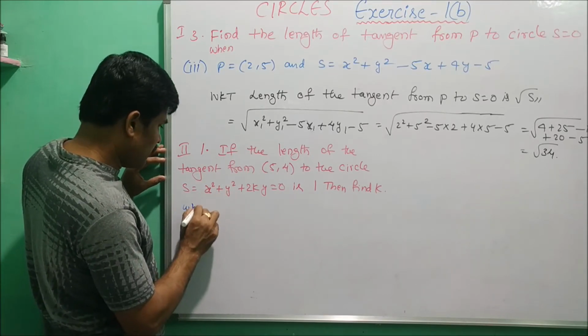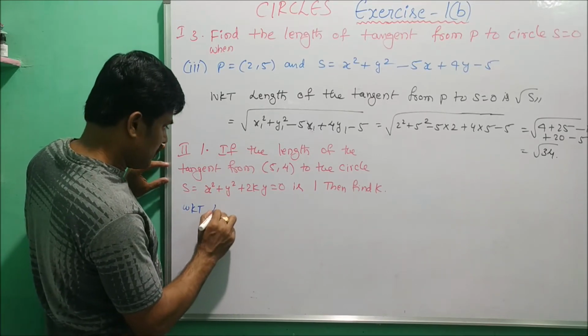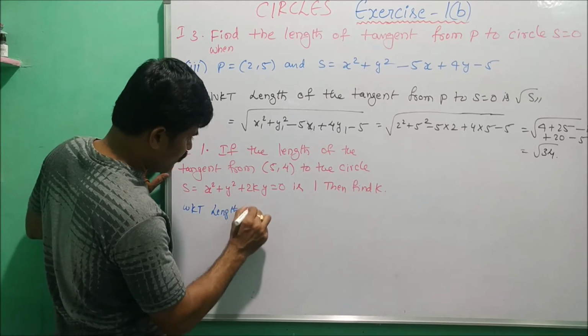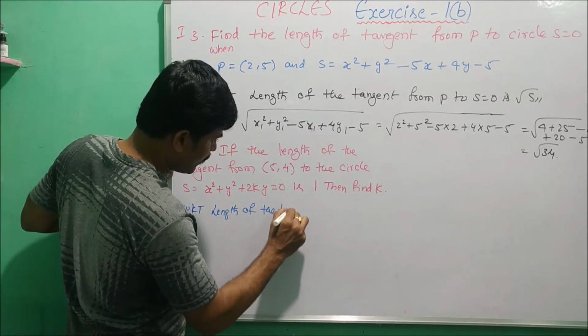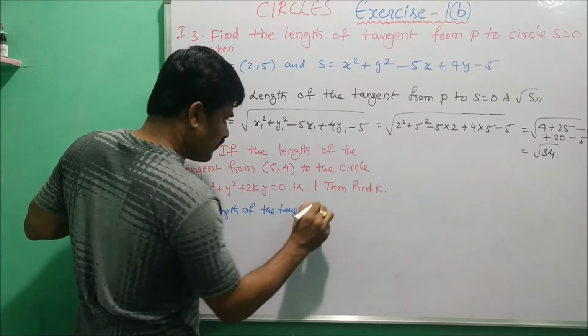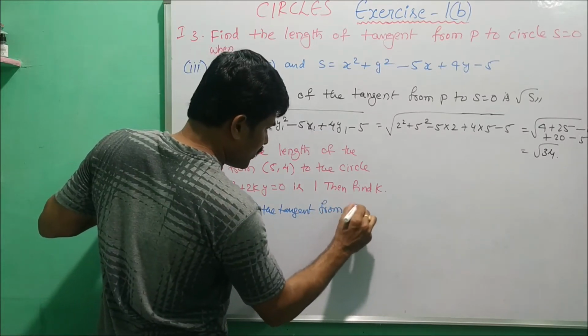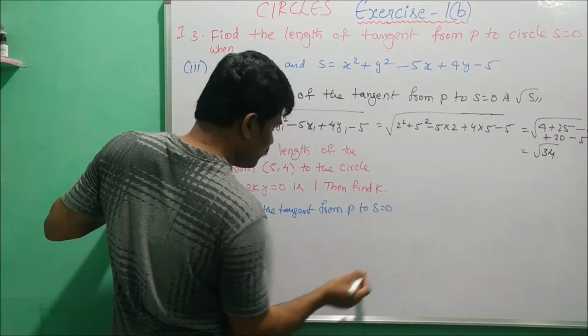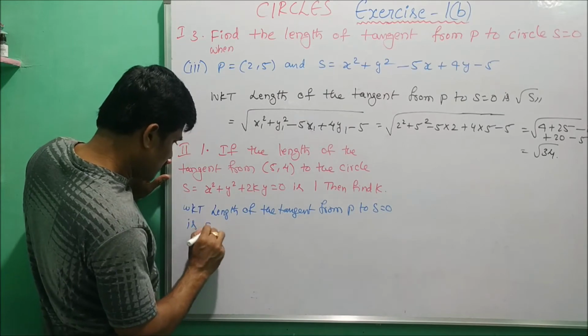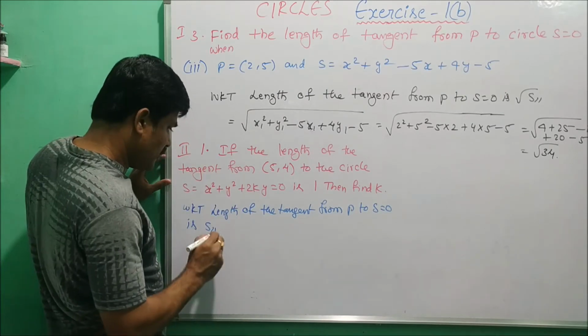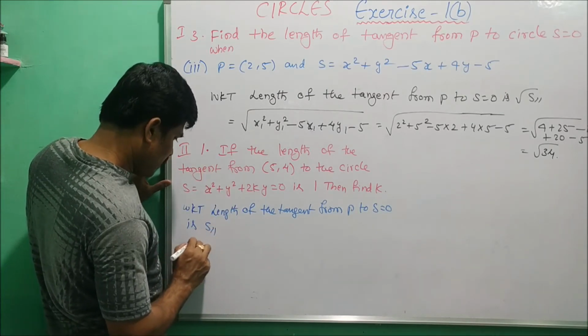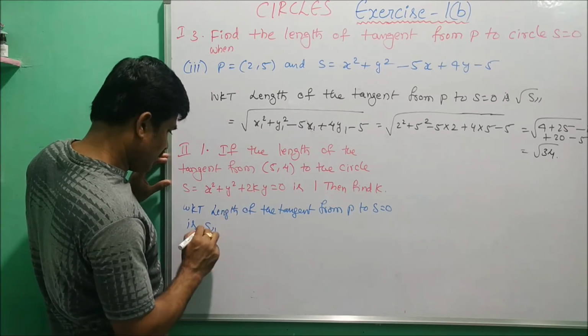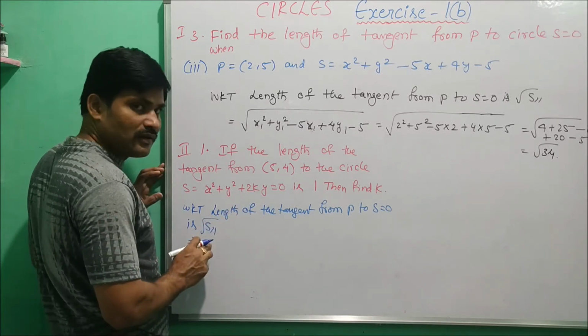We know that the length of the tangent from the point P to the circle S equals 0 is square root S11.